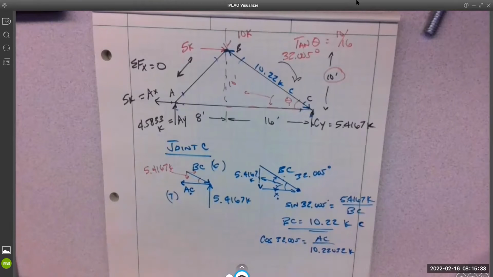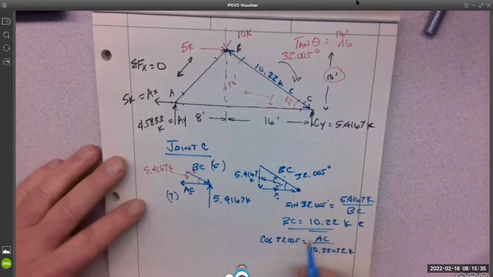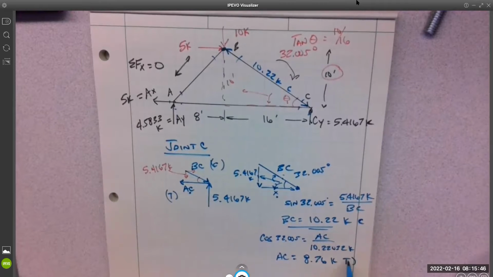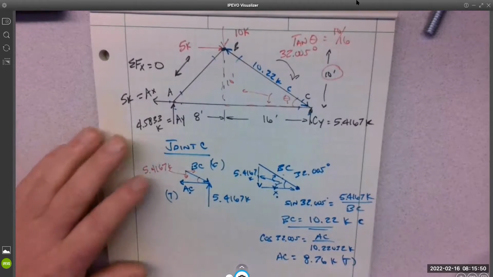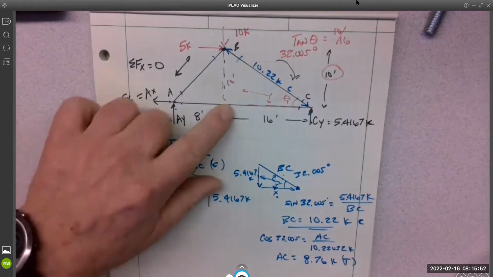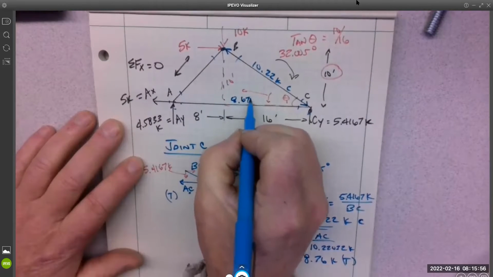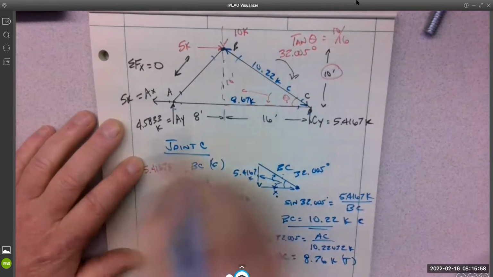So, all right, what'd you get for AC? 8.67K. Yep. And then we know it's in tension. So then that would go here, 8.67 in tension.